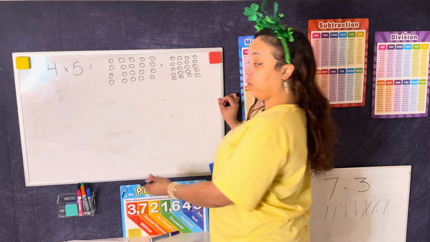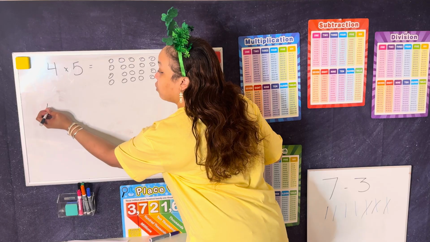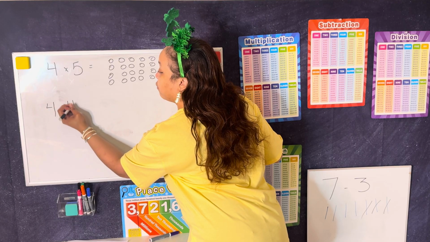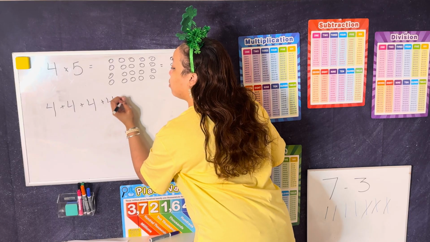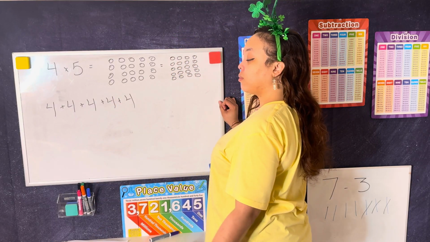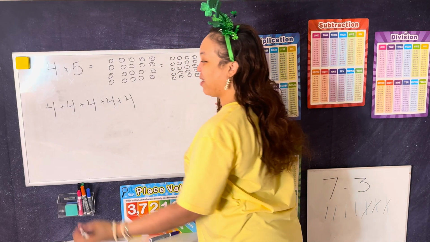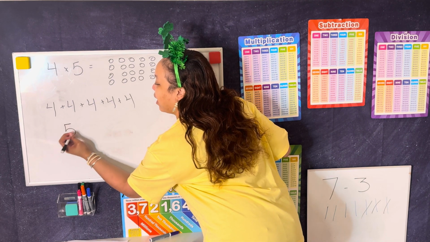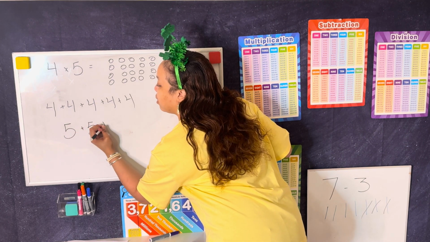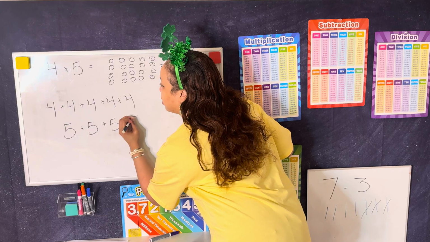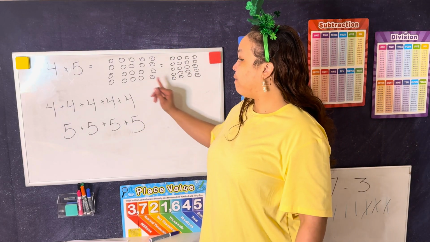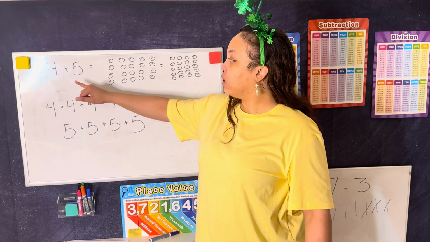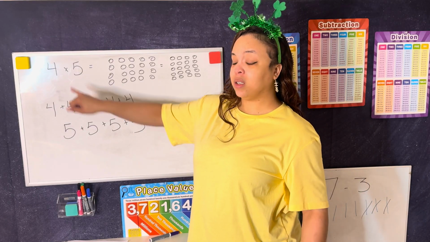Which is also the same as 4 plus 4 plus 4 plus 4 plus 4. Which is also the same as 5 plus 5 plus 5 plus 5. There are additional ways just to solve this.